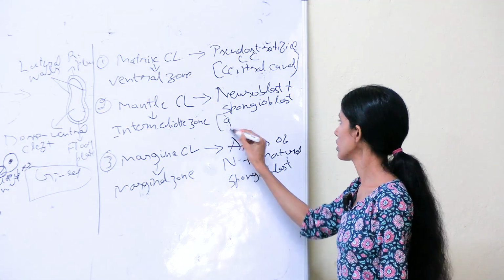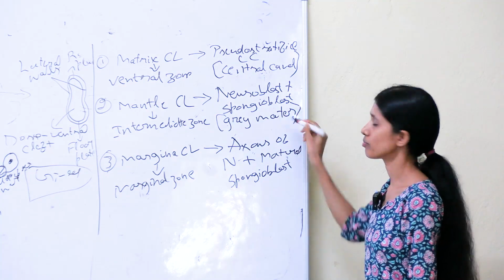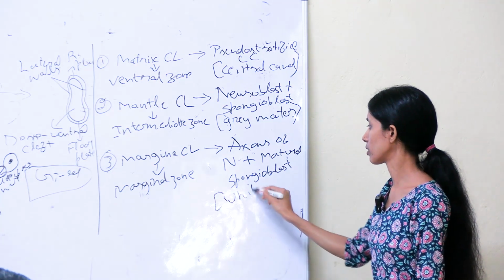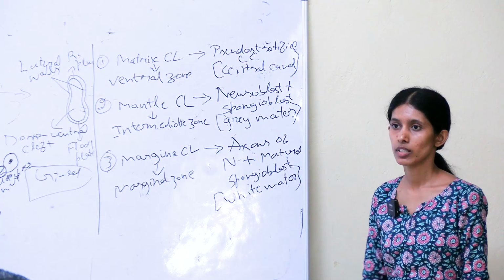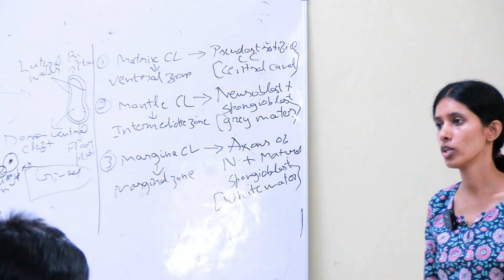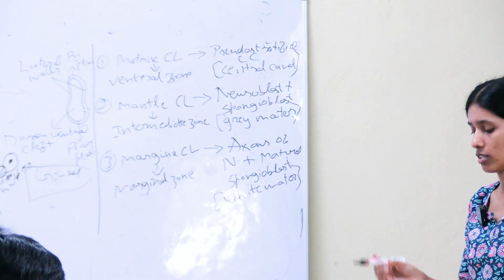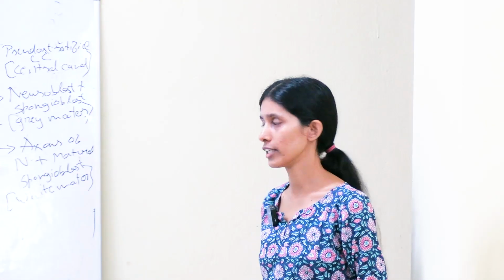So this will form your grey matter, and then it is followed by white matter. This is how the grey matter, white matter and also the central canal of your spinal cord and brain will form in the initial stage. Any doubts in this?